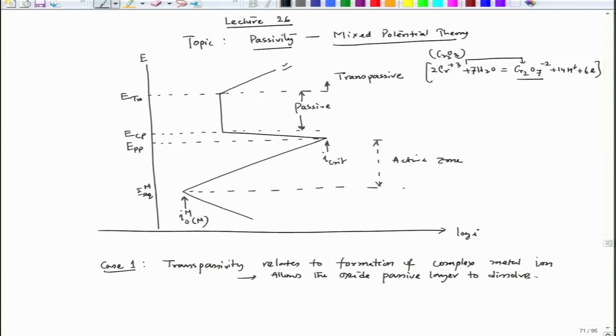Fine. So this is case 1, and then you can have an increase in dissolution again, IA would further increase.